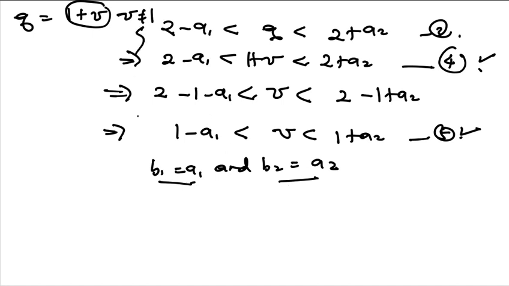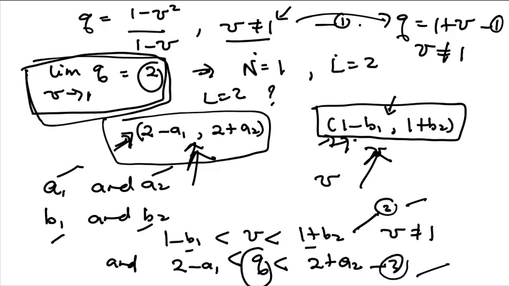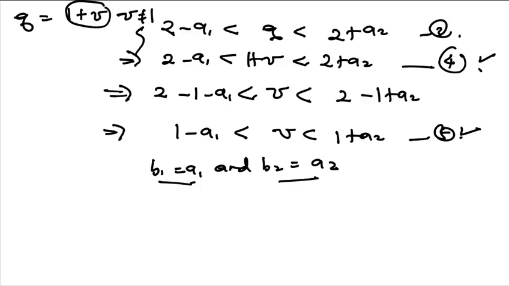After we do all of this algebra, inequality 2 and also inequality 3 are satisfied. Now, if this can happen, then what we can say here is that the neighborhood of n, that is, 1 minus b1 and also 1 plus b2, this is the neighborhood of n, which is required in the definition of limit, because we use the neighborhood concept to explain the concept of limit here.